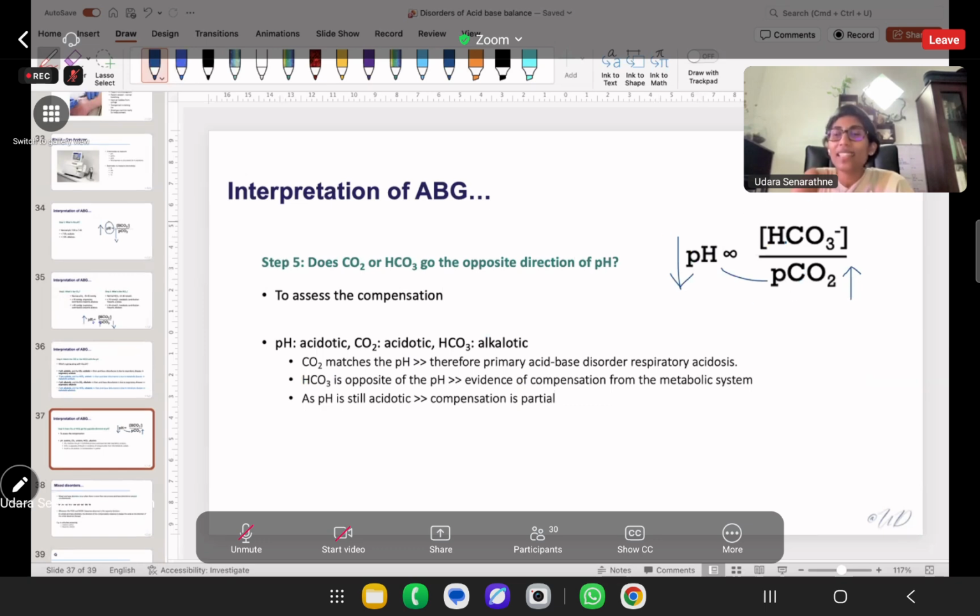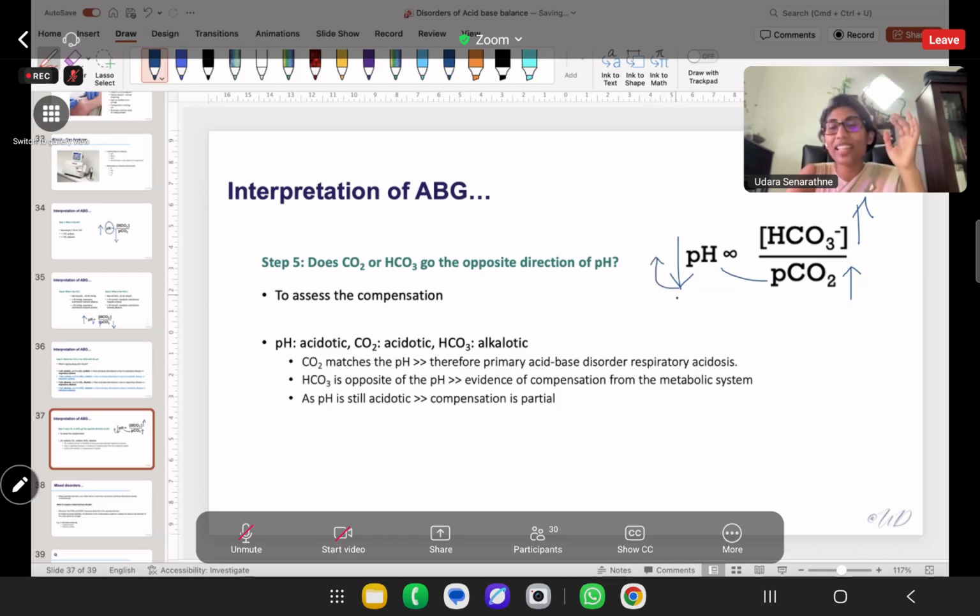In that case, if the bicarbonate is going the other way, where should bicarbonate go? It should increase. Why? Because it should help the pH come back to the normal level.